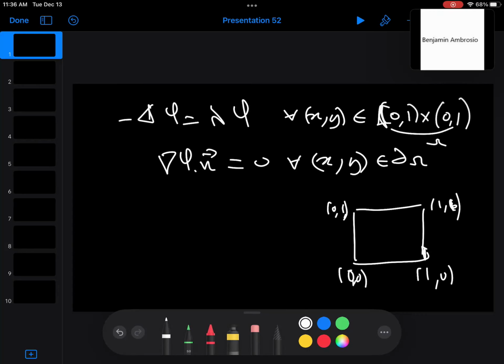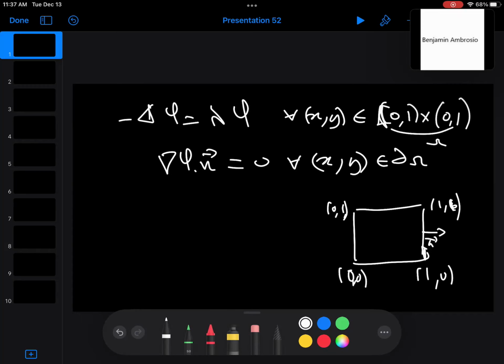With the Neumann boundary condition, meaning that the gradient of phi, when I take the scalar product with the normal, must be 0 on the boundary of omega.